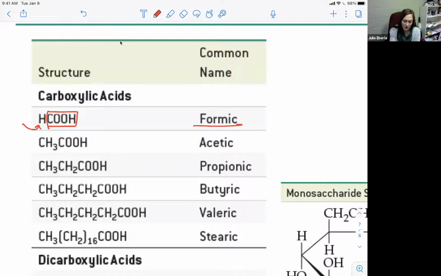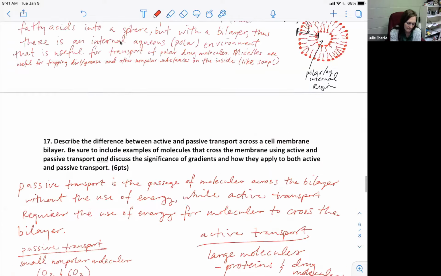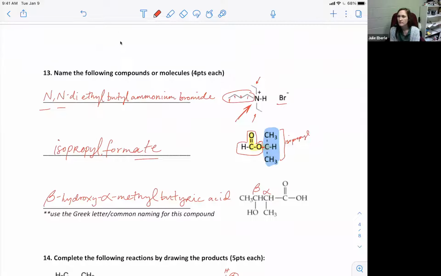So as an ester, it becomes formate. So go back up. It should just be isopropyl formate. So that one gave people a lot of problems. Anybody maybe help me see where this problem was super challenging?